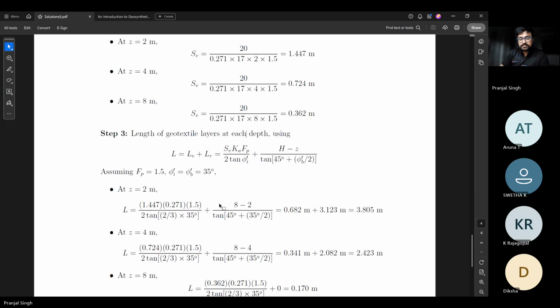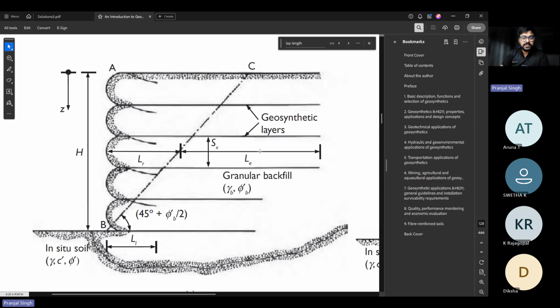So here it contains two parts, LE plus LR. If I just show you, say this is the wraparound geotextile I was talking about. This LL is the lap length. You wrap it around and you have to provide some lap length.